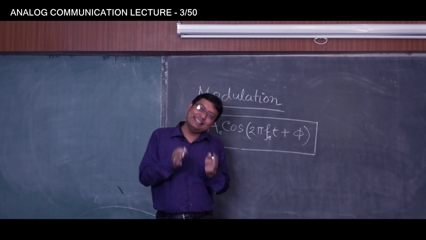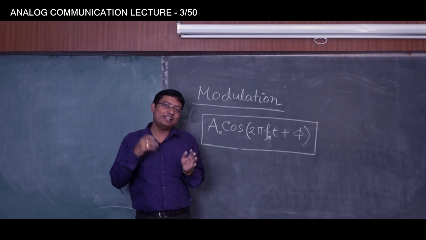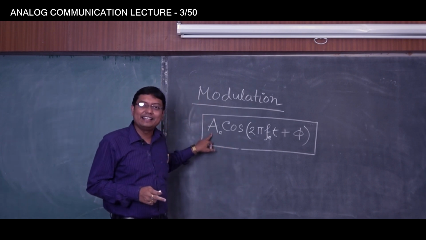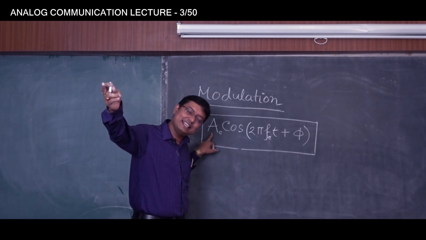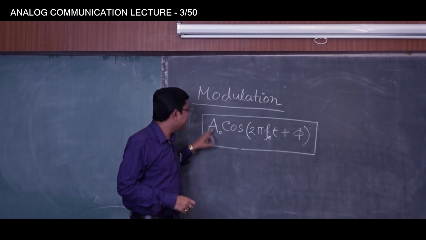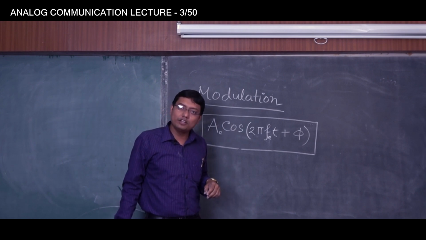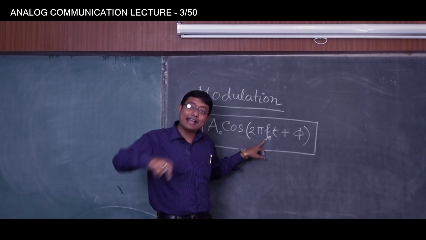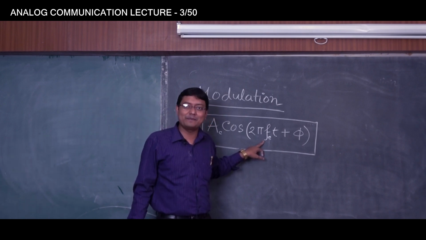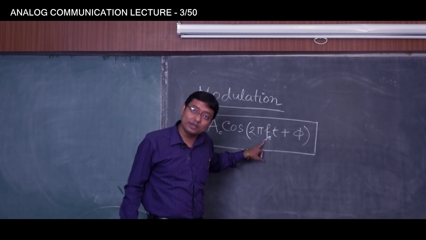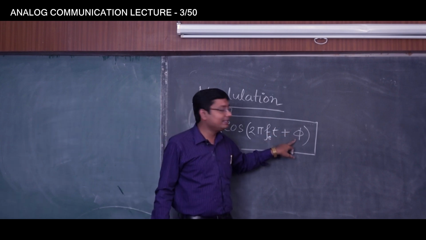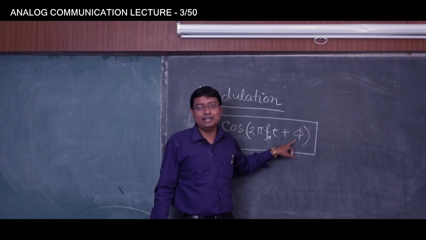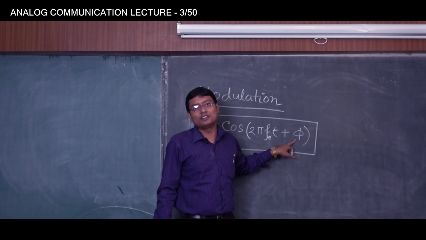And remember, in this regard, if we vary the amplitude of the carrier according to the instantaneous change of the baseband, we name it amplitude modulation. If we vary the frequency of the carrier, we name it frequency modulation. And if we vary the phase of the carrier, we name it phase modulation.